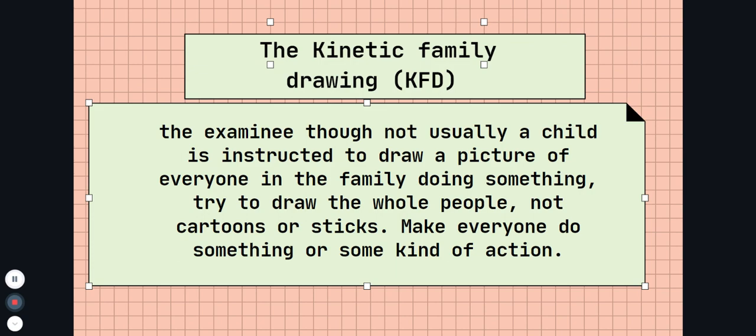And then after na ma-draw na to sa bata, the assessor will ask question or mag-ask siya og inquiry after na nahuman na og draw ang bata. So the examinee is asked to identify each one of the figures. So i-identify niya kung kinsa tong naglingkod. So, iya ba tong kuya, yang ate, mama, or papa.